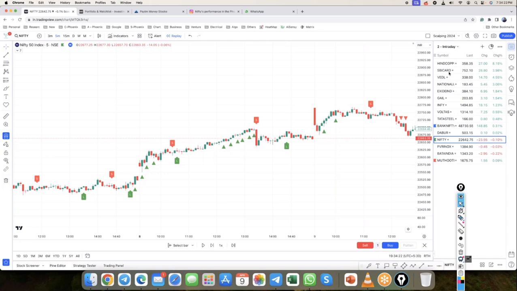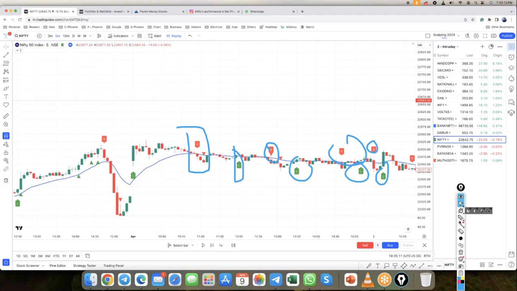Avoid trading for that particular day. When one indicator gives one buy, one sell, one buy, one sell back to back, all you have to do is ignore trading for that day.